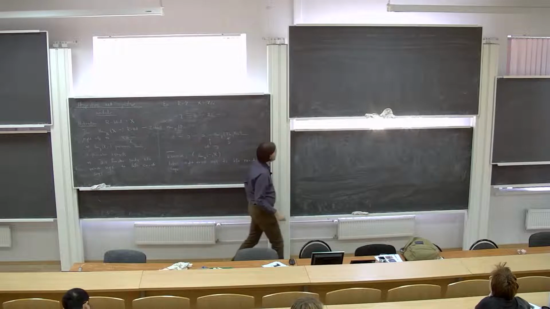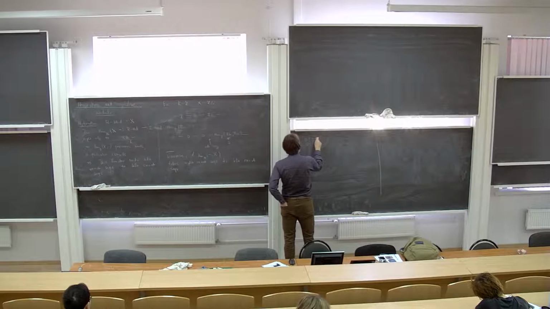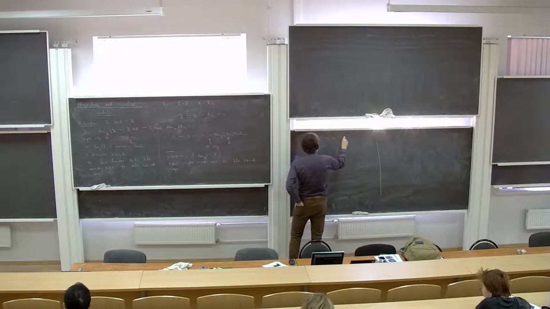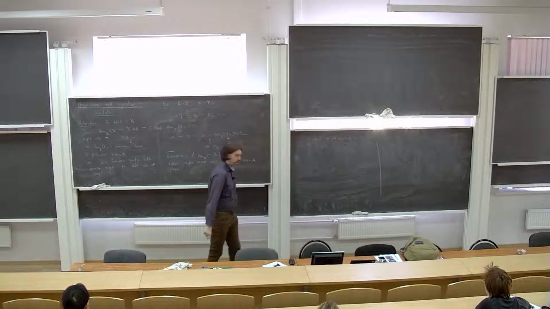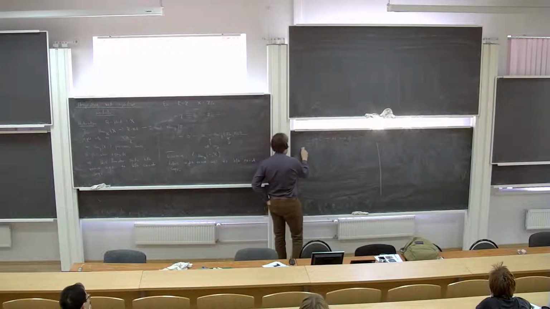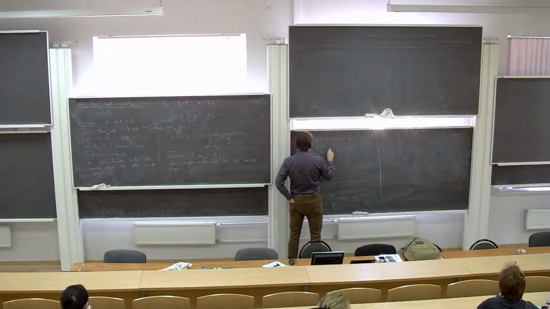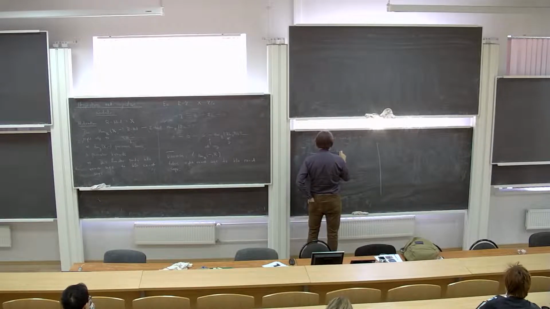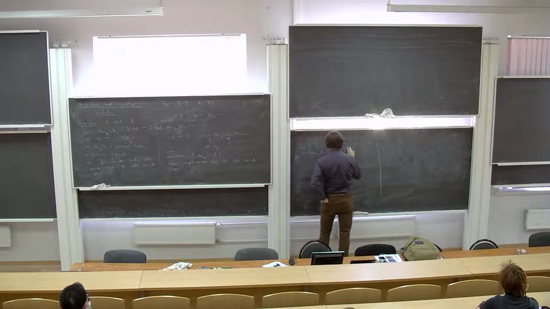So suppose I had my right exact sequence like this. If I Hom into it, I'll get Hom from n into X. And that will inject into. This surjection will become an injection.